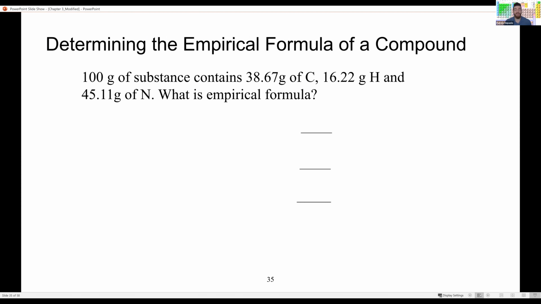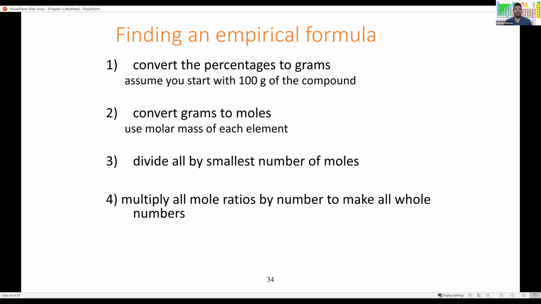Those are basically the same questions because the first step is to convert percentages to grams. If you're given a compound with certain percentages of their atoms, you can say the total sample is 100 grams, and those percentages can be directly converted from percent to grams. No conversion factor, just make percent gram.